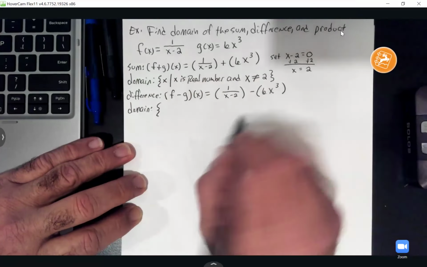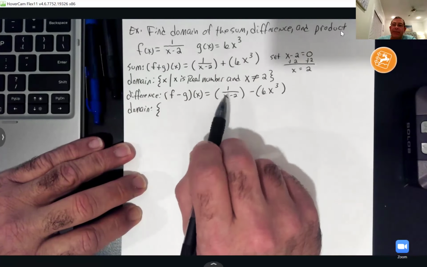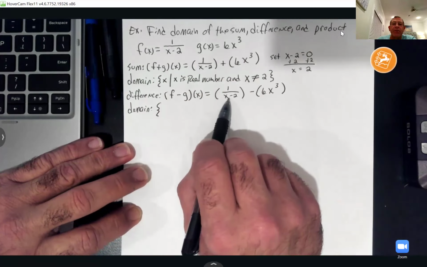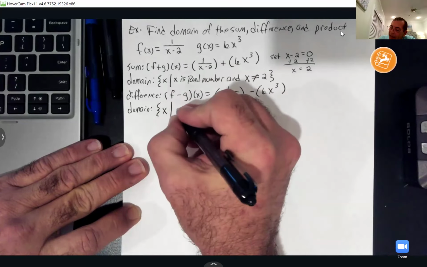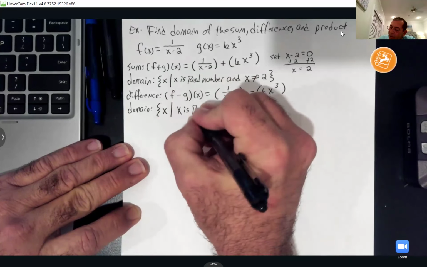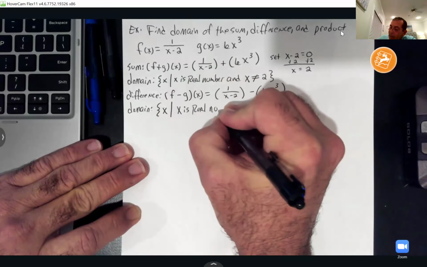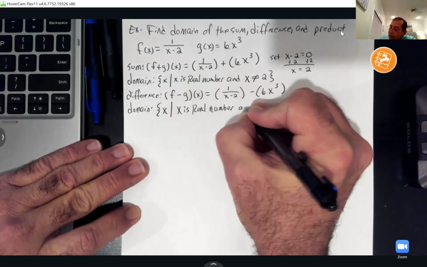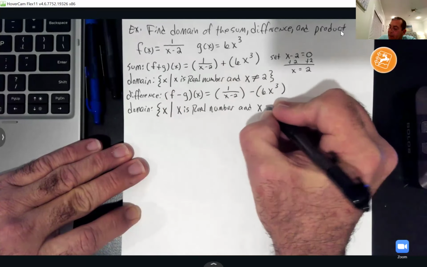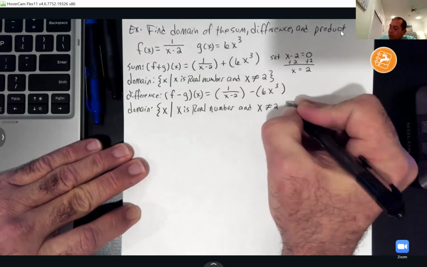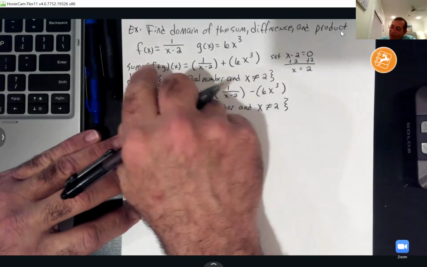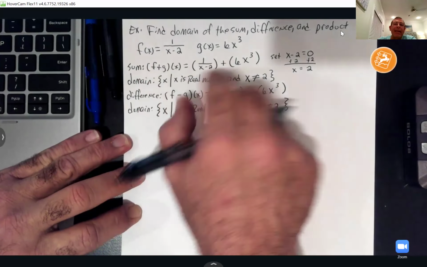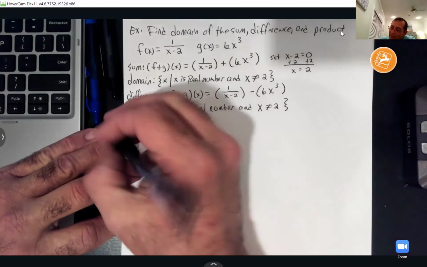There you go. Same problem, right? Same fraction. And it still cannot equal a 2 there. So good job. So x such that x is a real number, and x cannot equal a positive 2. So once again, you notice adding and subtracting got the same domain.